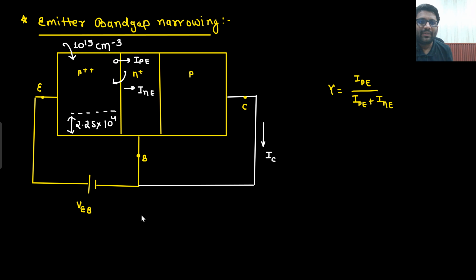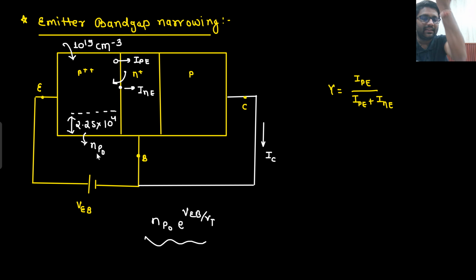Now at the edge of depletion, what will be your electron concentration? Do you remember this formula? Np naught e to the power V by Vt, where V is the forward bias you have applied. This electron concentration will be increased now, because this value, Np naught, has increased.